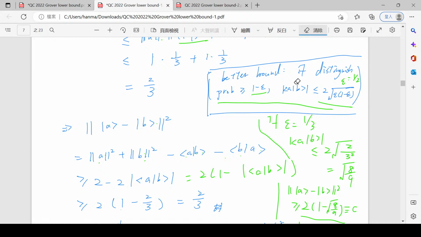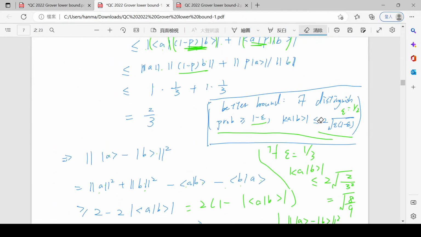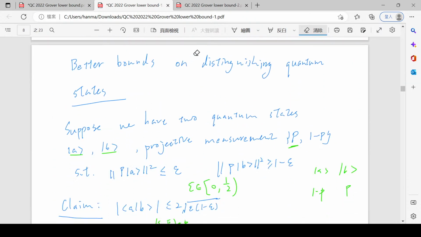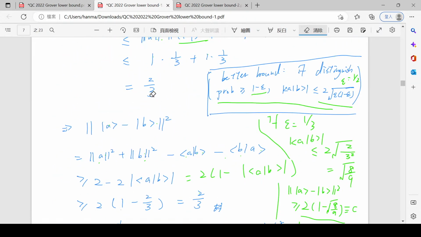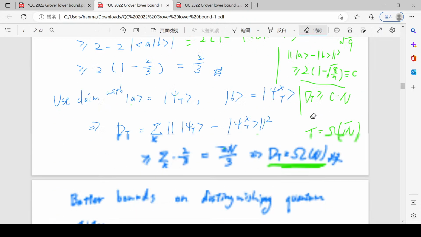You can kind of see that from one of our proofs. Anyway, this is a bound, and we show that if you pick epsilon equal to 1/3, then you get some positive constant bound here, and that's good. We went through 3 different ways to prove this.